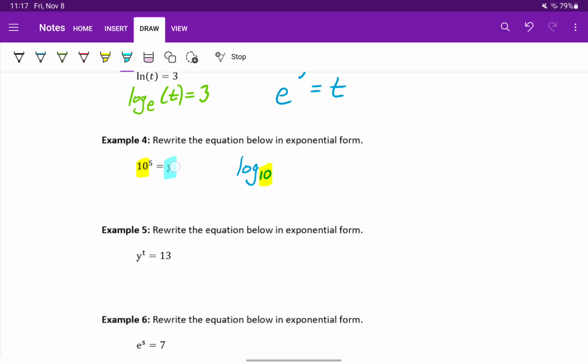Whatever value is on the opposite side of that equation becomes the expression that we're taking the log of. And then the exponent stands on its own. So this will become the log base 10 of y is equal to 5, which we could just shorten to log of y equals 5.